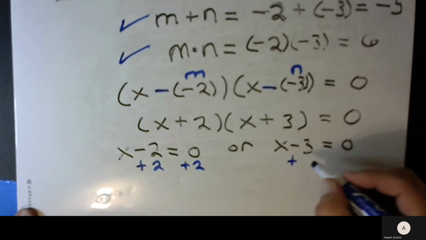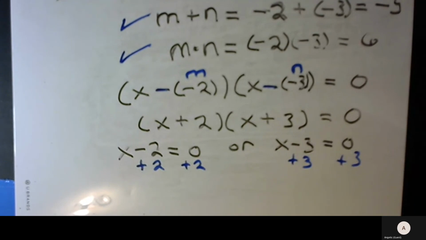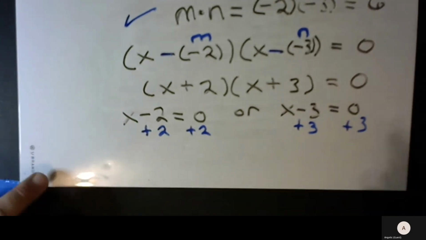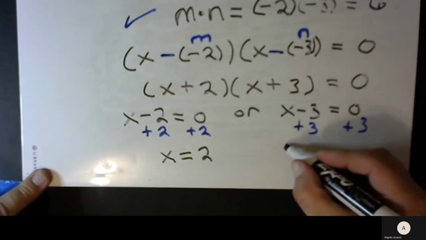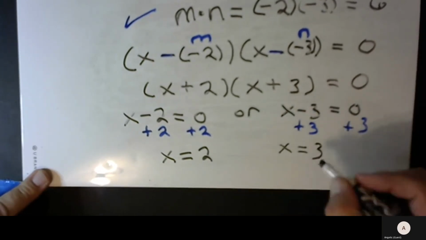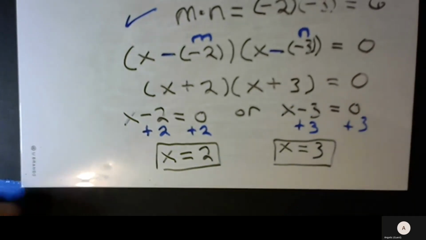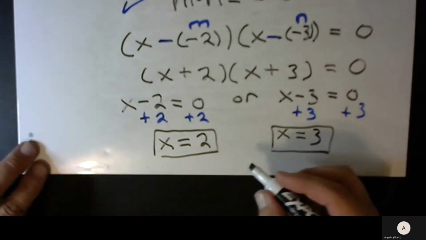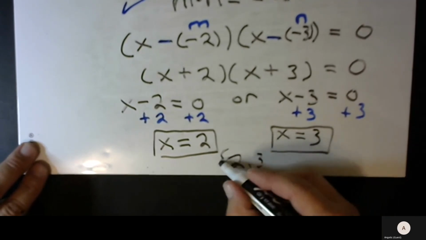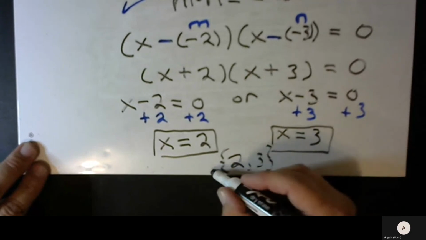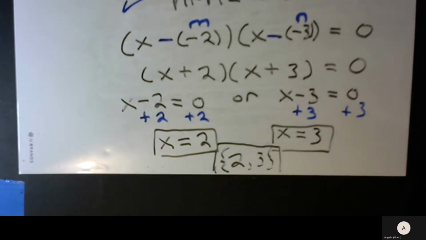For this one, we'll add 3 to both sides. So what we'll get, x equals 2 and x equals 3. And of course, if we put this in that set notation, squeeze this on the bottom here, it'll be 2, 3.